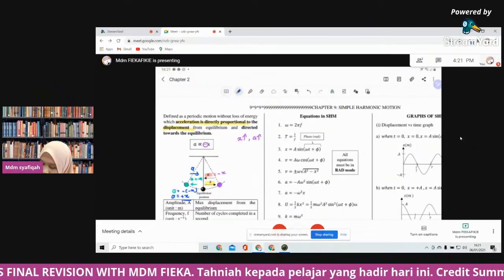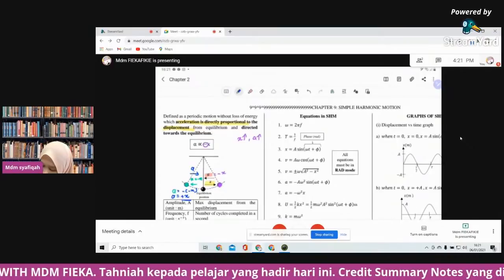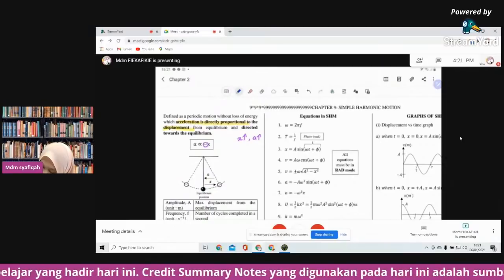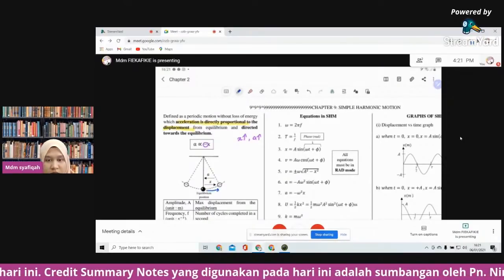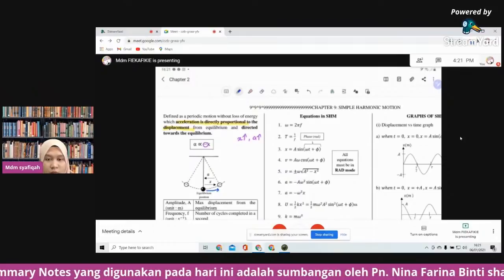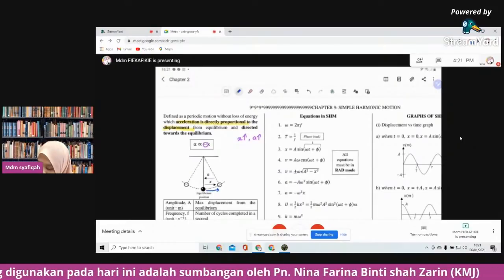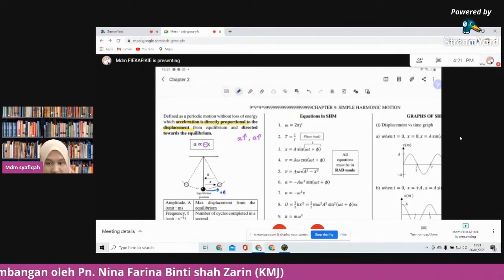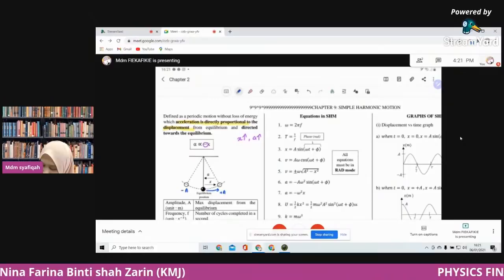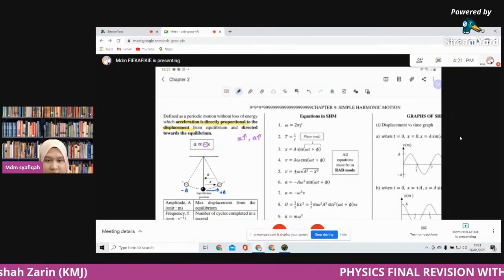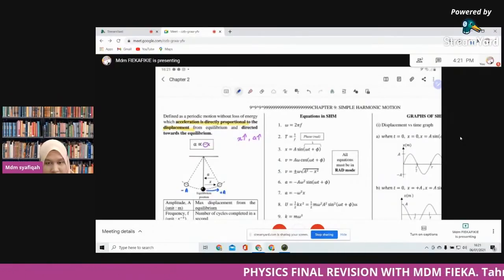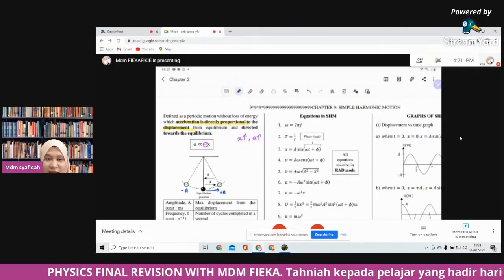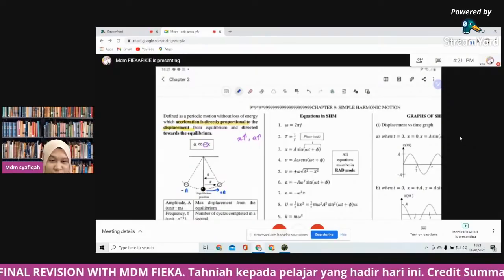So, I erase this. Here, the bob of the pendulum is moving to the right. Let's say this is the maximum displacement, so this is positive A and this is negative A. Let me remind you, you always memorize that at maximum height, v is equal to 0.